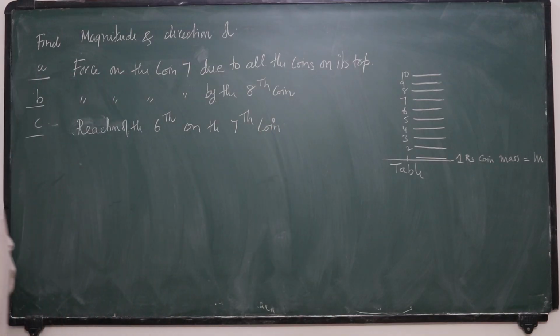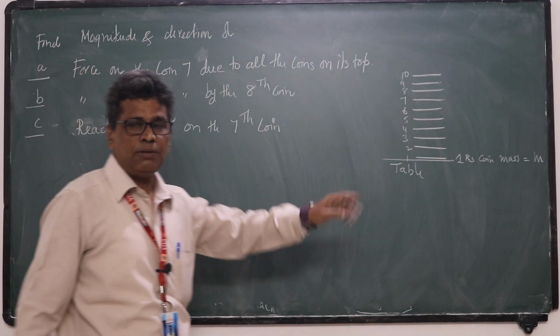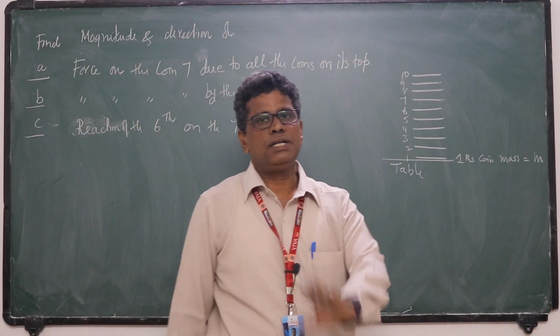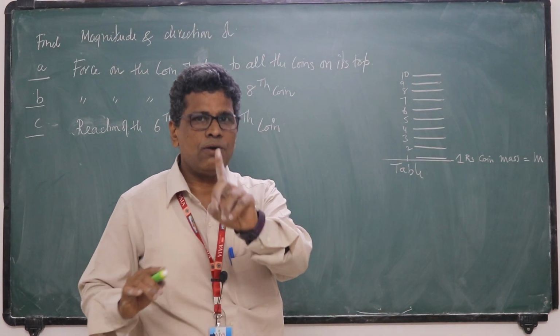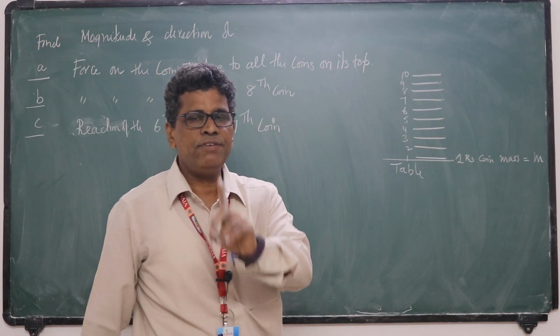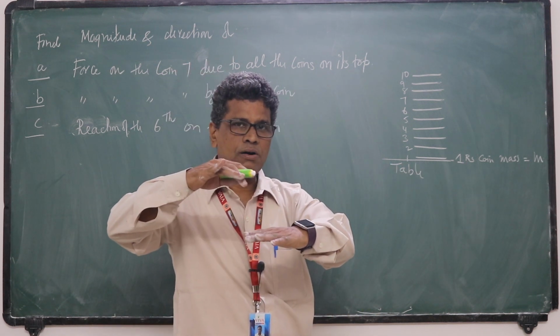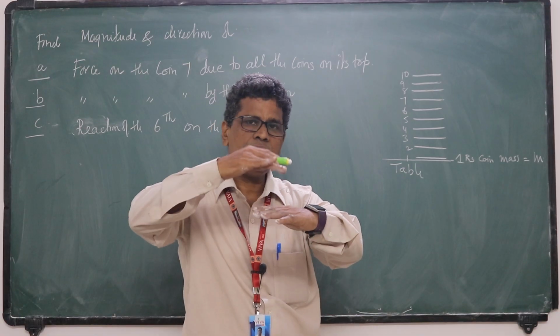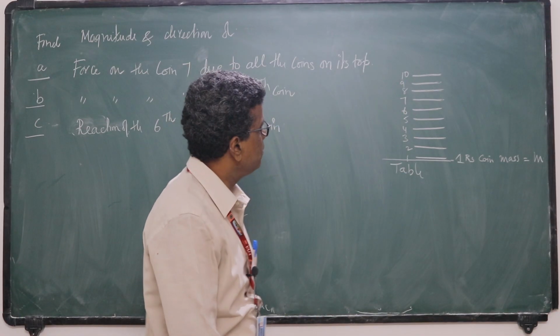Okay, so this is the problem. Try to understand what is given. There are 10 one rupee coins, each having mass m. They are placed on the table, one over the other, as shown in the figure.